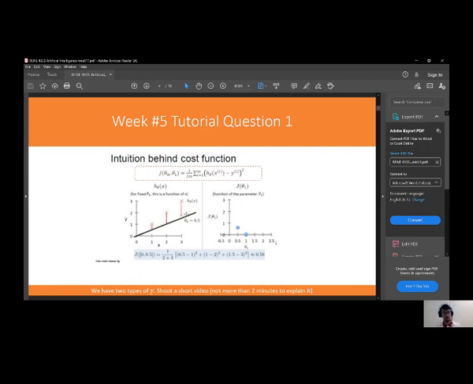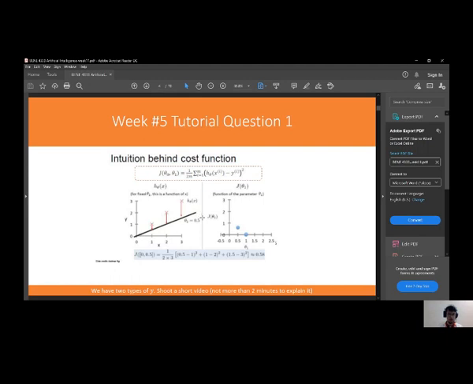Let's say we want to get h-hat of x with the value of theta 1 given as 0.5, so we can draw the straight line here based on the input dataset given in this slide. Graphically, we can see the difference between the h-hat and the input dataset.